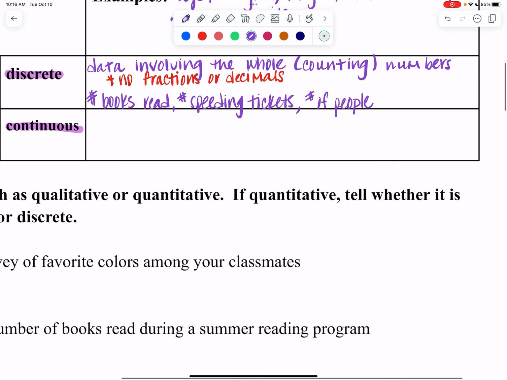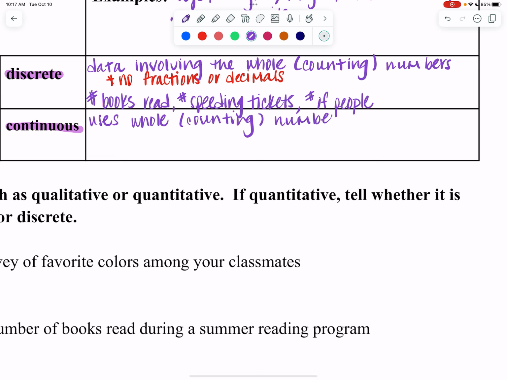Continuous data still uses the whole or the counting numbers. But there's always a but in math. You get to use everything in between also. It's all numbers, not all hashtags.